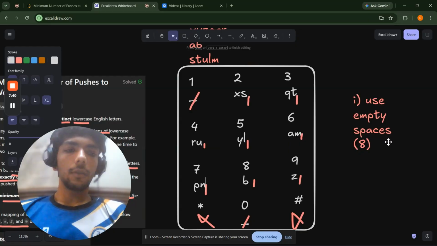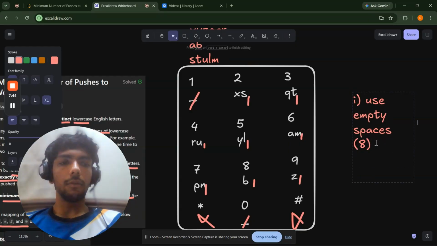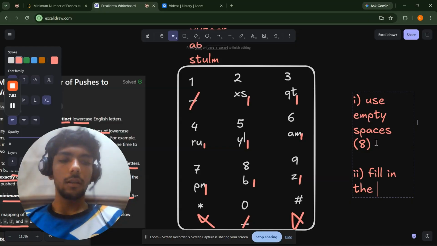Okay, so our first intuition will be to first use all the empty space and then fill in the same manner.